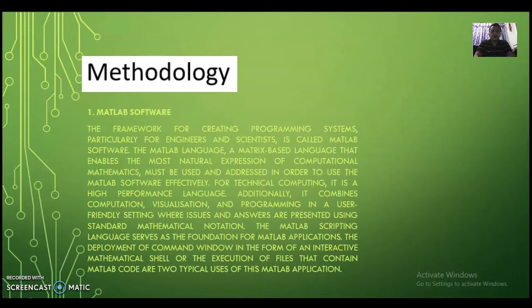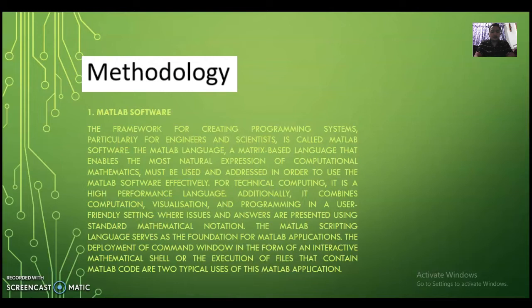Okay, first, for the MATLAB software, the framework for creating programming systems, particularly for engineers and scientists, is called MATLAB software or MATLAB language. A matrix-based language that enables the most natural expression of computational mathematics must be used in order to use the MATLAB software efficiently. For technical computing, it is a high-performance language.